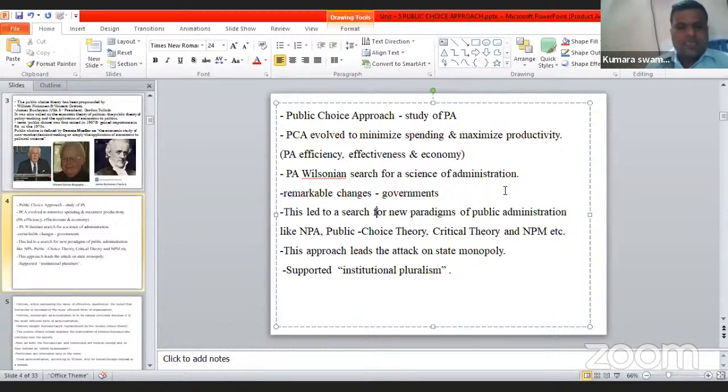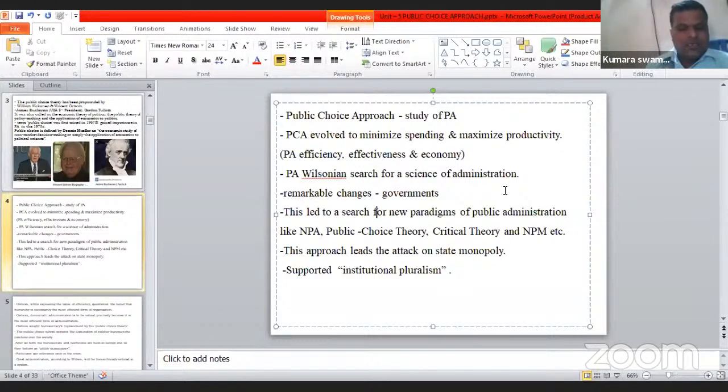They say that instead of the state, some other organizations also need to play a role in providing different facilities and doing administration. Due to that, the public choice approach proposed institutional pluralism. Instead of a state monopoly, different institutions have to be involved in the administration process.